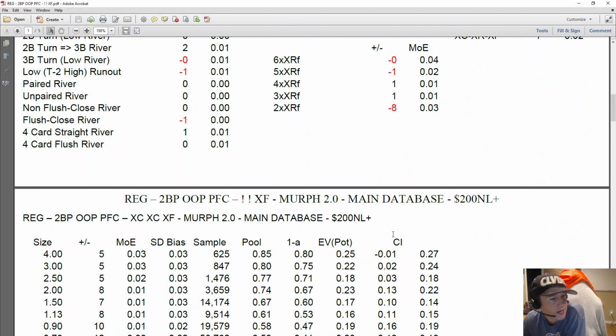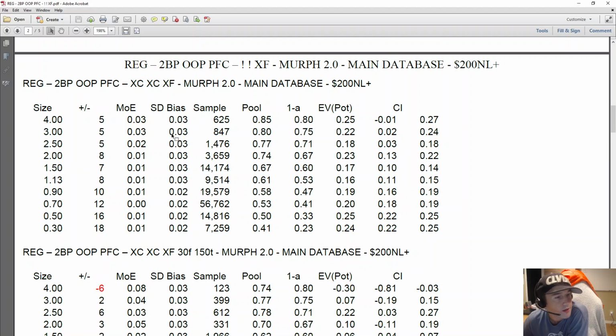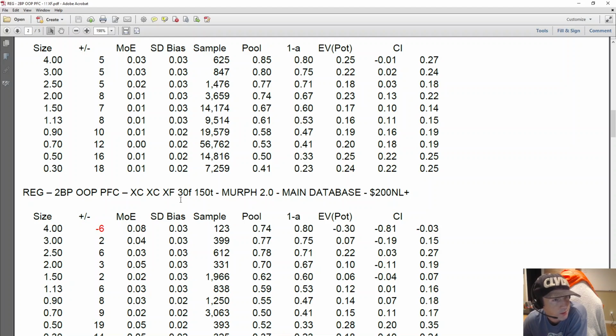So what else I've taken the liberty of pulling out of this database is taking a look at how, in more specific lines, how often they're folding against various river bet sizes in the check call, check fold line, and then even furthermore with some of the sizing broken down.